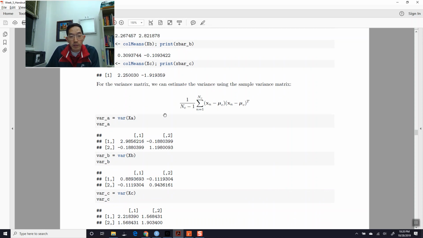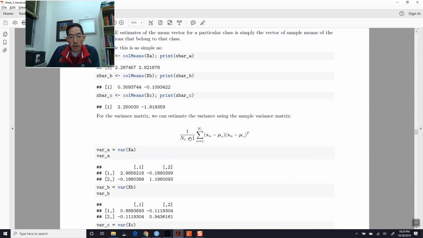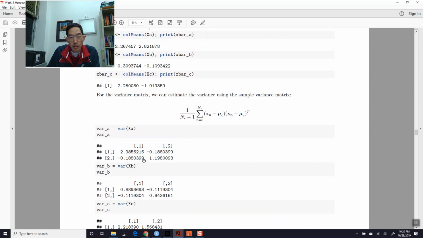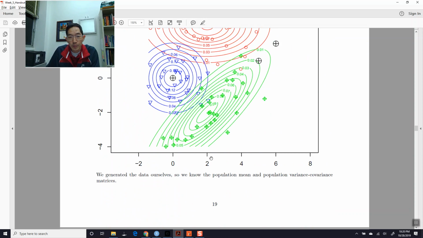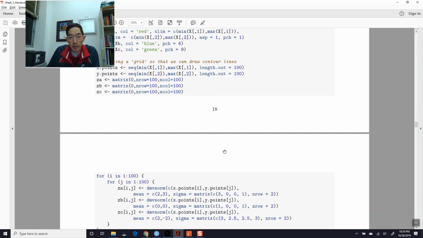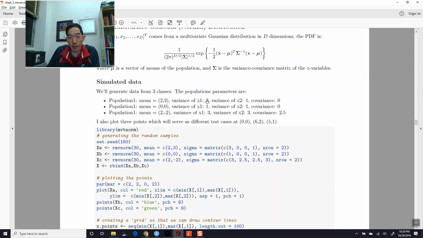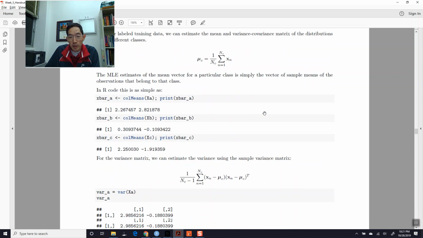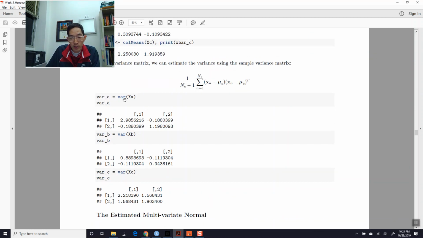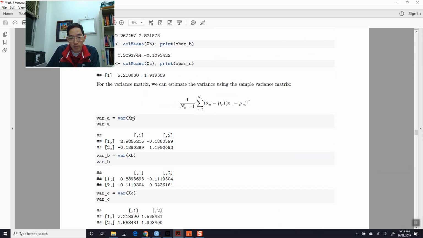Similarly, as far as the variance matrices go, in the original data, I think the variance of x1 was 3, the variance of x2 was 1, and the covariance was 0. When we estimate that, we just ask for the variance of XA.